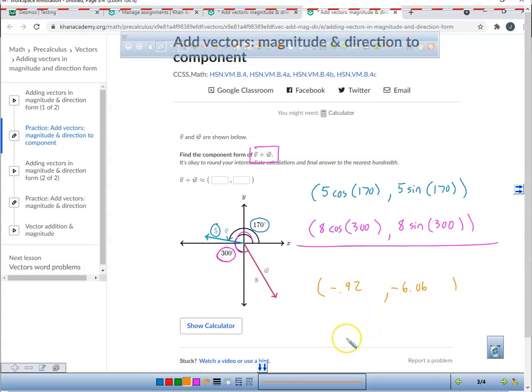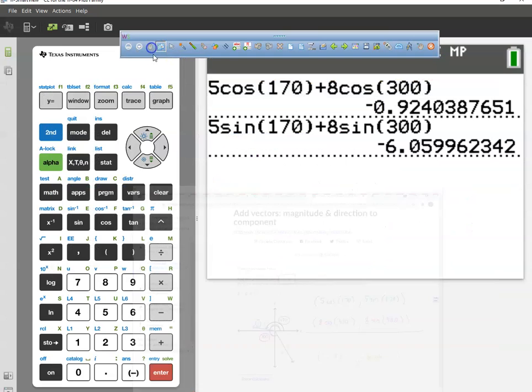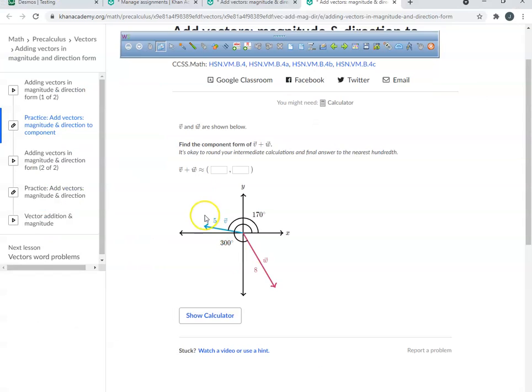All right, I'm going to go type those in. All right, negative 0.92, negative 6.06.